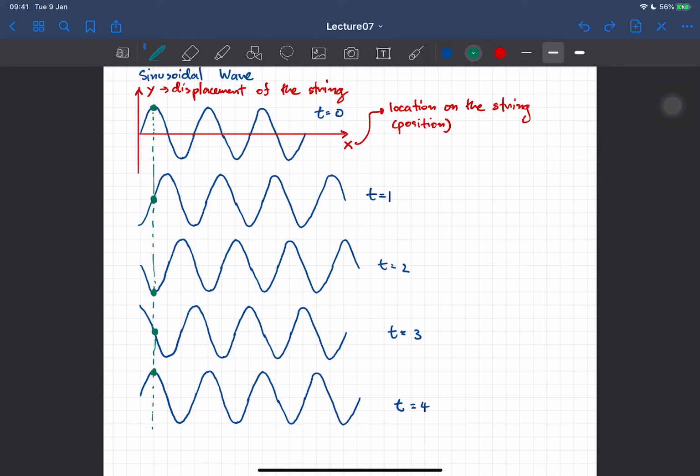So it's oscillating up and down. And from t equal to 0 to t equal to 4, this particular point here completes exactly one cycle of oscillation, which is the up-down oscillation. And that's true for any other spot. You can pick here, here, you can pick this spot, right? So that's going to be the same for every spot that you pick.